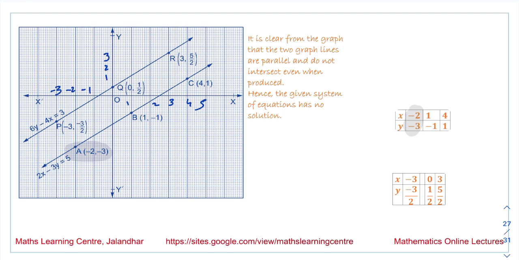Similarly, we have these points over here. It is minus 1, then minus 2, then minus 3 and so on. So when we are marking the point minus 2 comma minus 3, it is over here. Next we have minus 1 comma 1 comma minus 1 and next we have 4 comma 1.